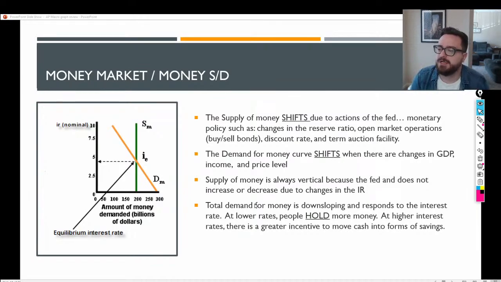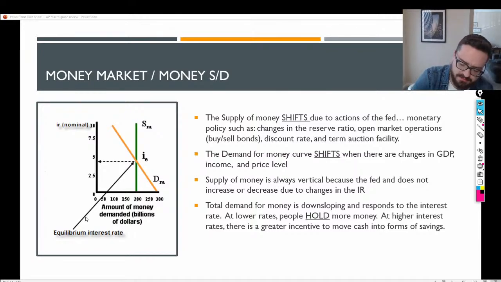Okay, the money market, or the supply and demand of money. This is the market for money in your economy, conceptually. Now, your y-axis is nominal interest rate. Your x-axis, this should just say quantity of money. This is just the best graph visually I could find on the internet for it, but how we've been drawing it is the same shape and line.